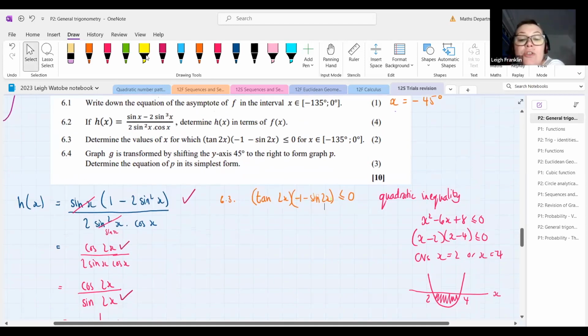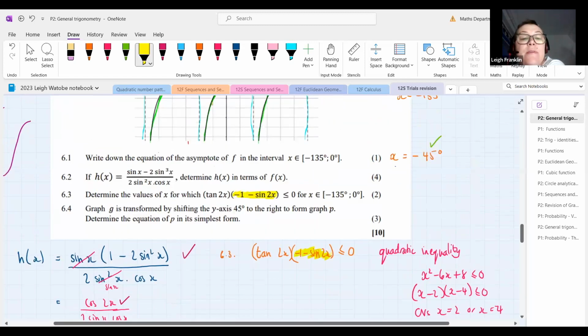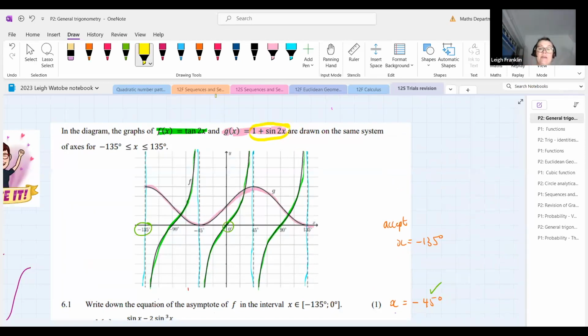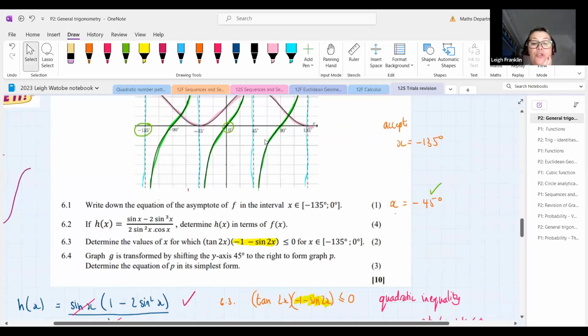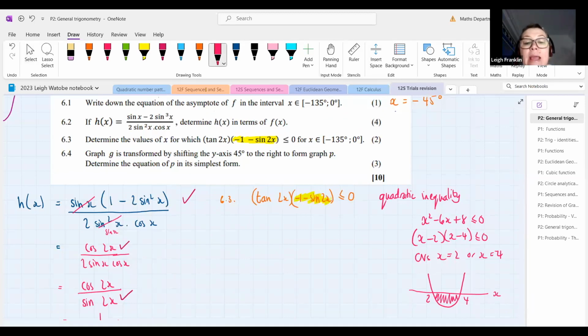So the additional thing that they have done here in this bracket, can you see in this bracket here, this is the one I'm talking about, can you see that they have changed the signs compared to what they gave us in the beginning? So the 1 is negative and the sine 2x is negative. So what we could do here is take the negative out of this second bracket.